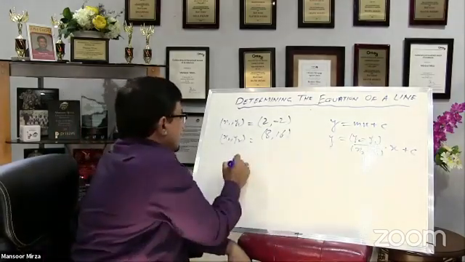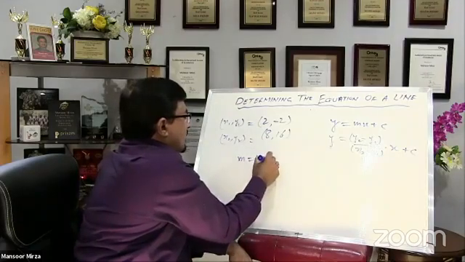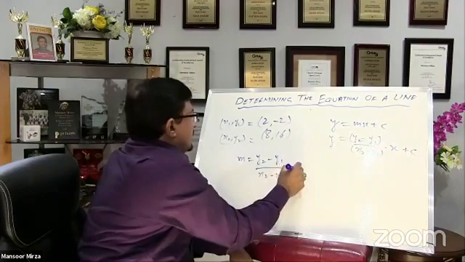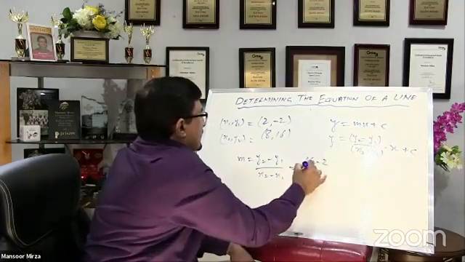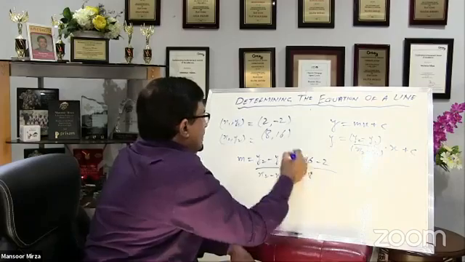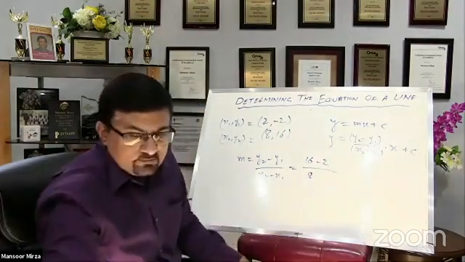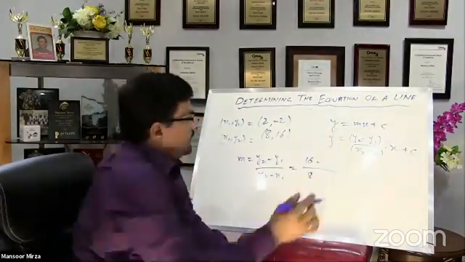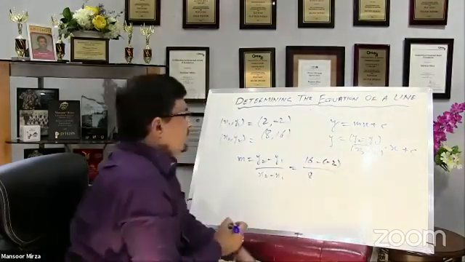So now if I have to calculate my m, or y2 minus y1 over x2 minus x1. My y2 is 16, y1 is 2, then x2 is 8, and x1 was minus 2, right?